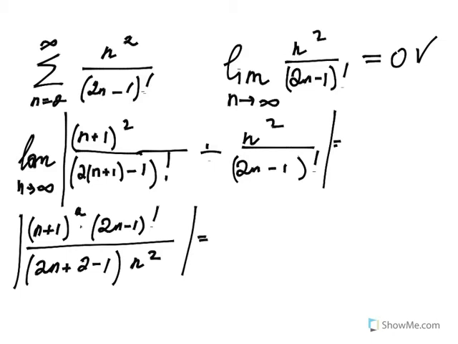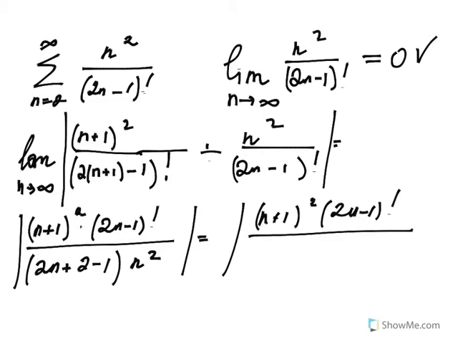And then we get n plus 1 squared, 2n minus 1 factorial. On the bottom, we get 2n plus 1 and n squared.